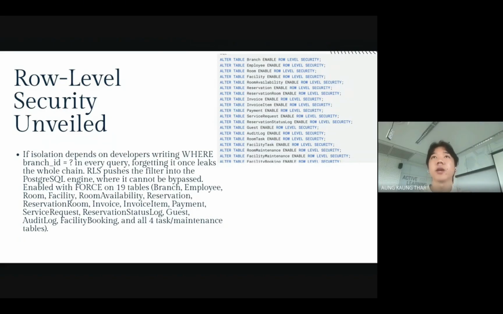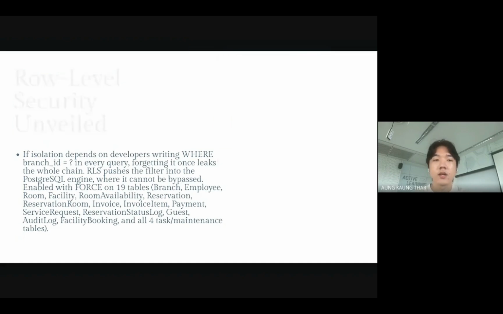For example, if you are not the creator of the table, then you cannot have access to that table to update or read it, because it's mostly the super user or super admin who can access that level.